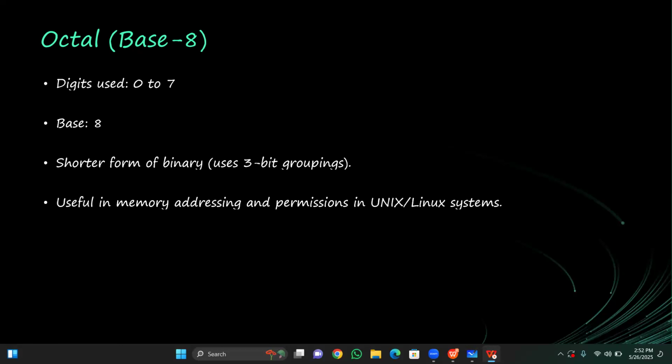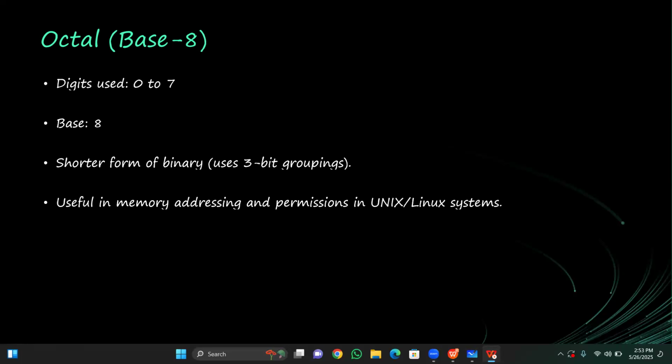Don't worry, very soon when you start programming, when you work with our memory system, the addressing uses the octal number system. That is why you need to understand this. Don't take it trivially. There are certain things where, when you want to see the address of a memory, you'll wonder what the meaning of this is.